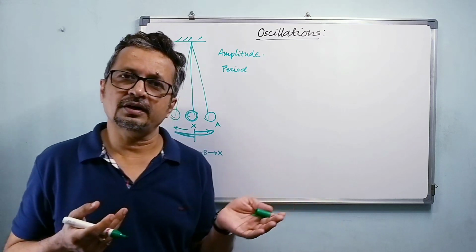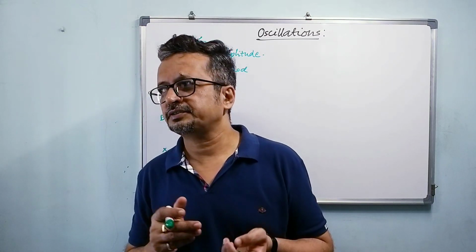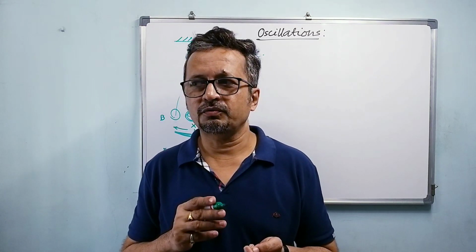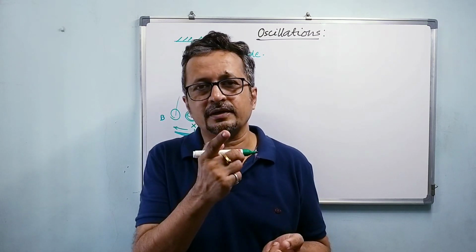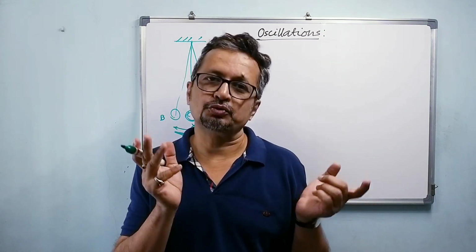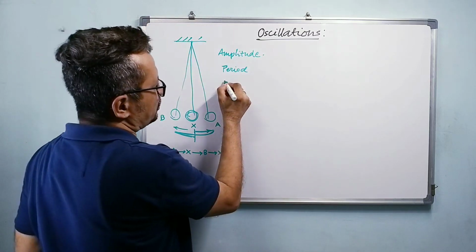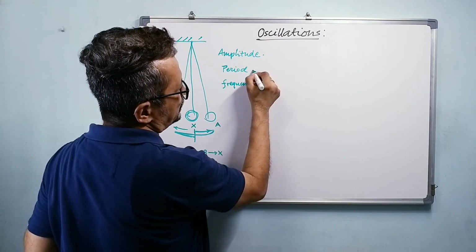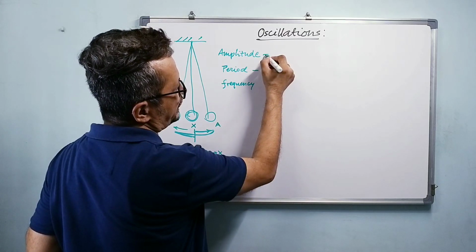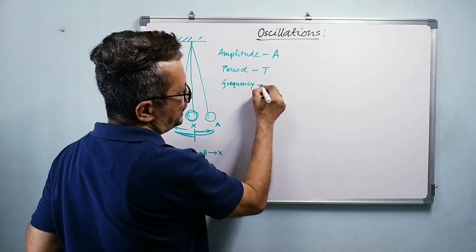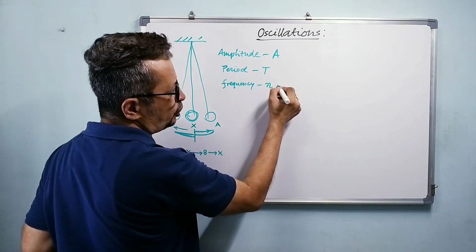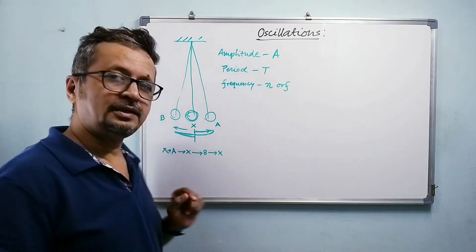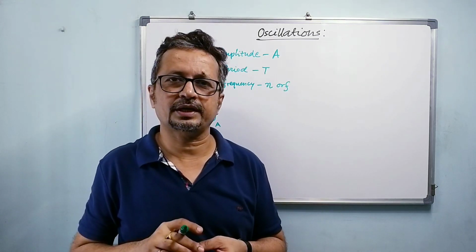So if a pendulum makes, let us say, 2 oscillations in 1 second, then its frequency will be 2, correct? So period is denoted by T, amplitude by, let us say, capital A here, and frequency would be N or F. Any one letter you can use.